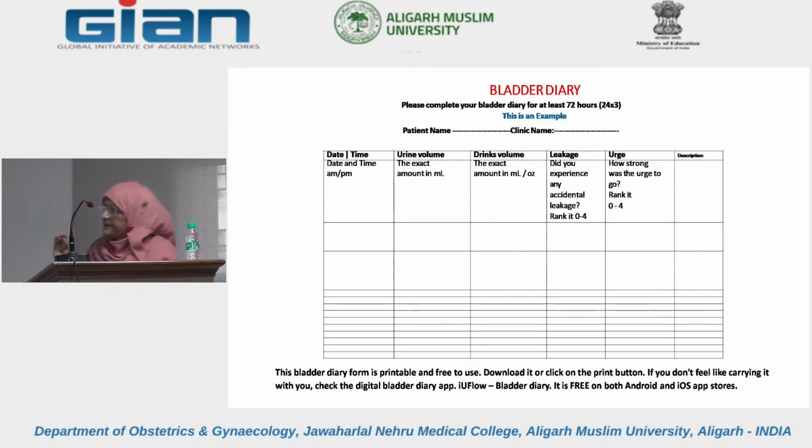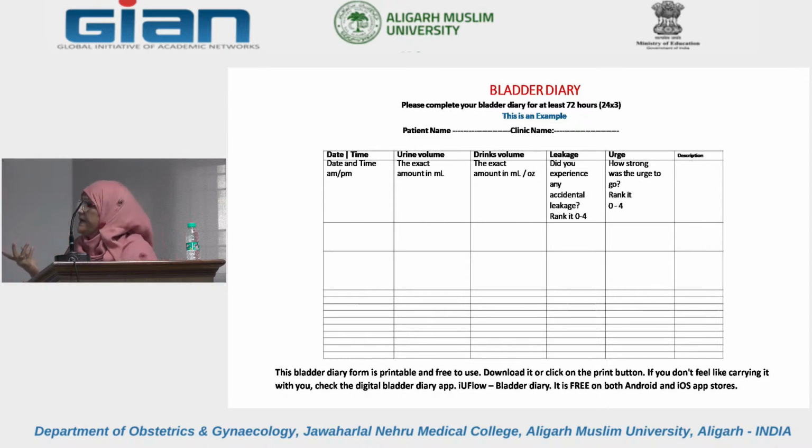So what all things are there in that bladder diary? Date and time, AM or PM, the exact amount of urine that she has passed at that point of time, whether she drank any water or any type of fluid, tea, water, coffee, drink, whatever she has taken, that volume has to be mentioned.